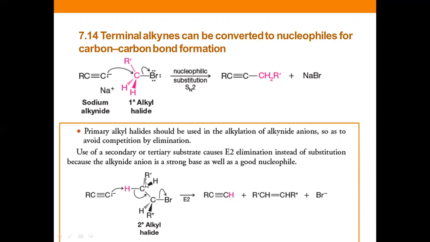And you will get your R' CH, this one, and CHR'' double bond, R''' CH. You'll get this product, eliminating your leaving group, and then you will recover your alkyne. So again, for alkynide to proceed in the substitution reaction, we have to use a 1 degree alkyl halide.